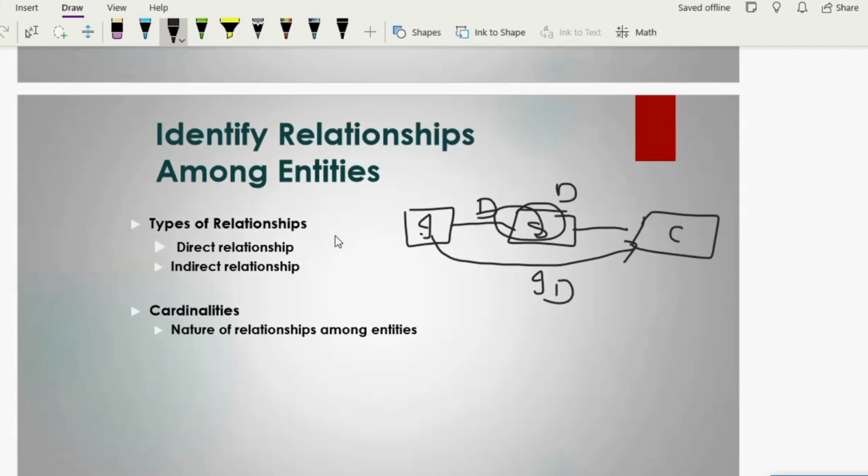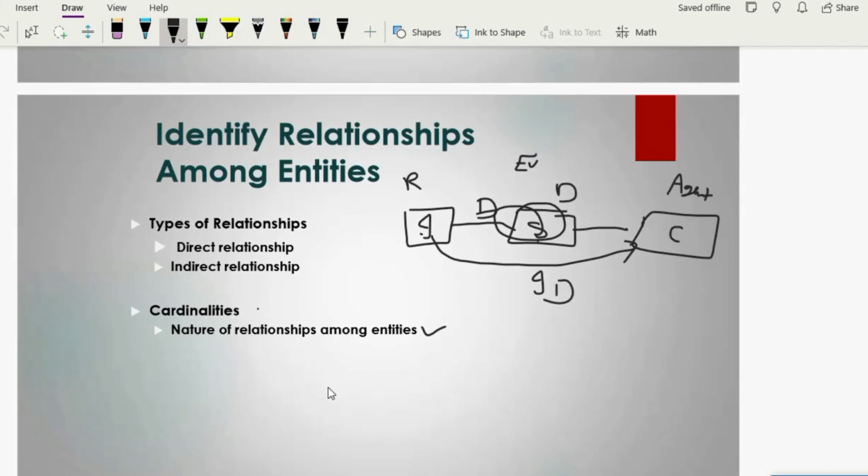Since I'm talking about relationships, I need to talk about cardinalities as well, the type or nature of the relationship among the entities. Can you see this inventory is a resource for the organization, sale is an event, and customer is an agent, and all of them are entities. So we have to define the nature of the relationship between these entities.